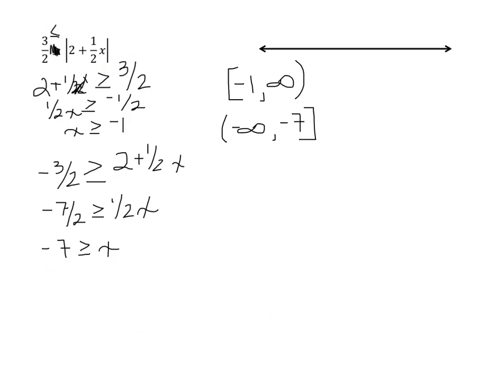And we would take the union of these two, because we need everything in this set and everything in this set. To graph them, because we're including these values, we would have that closed circle, or you can put these brackets like this, and then you would shade.